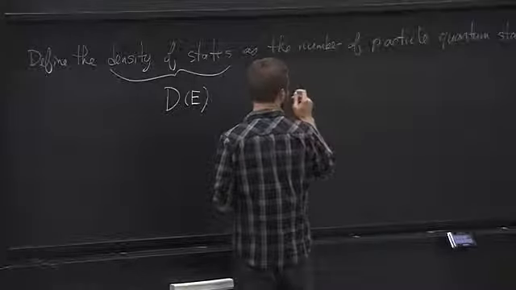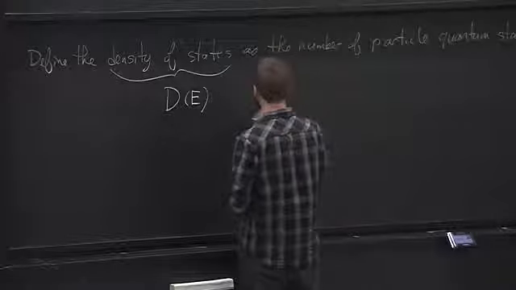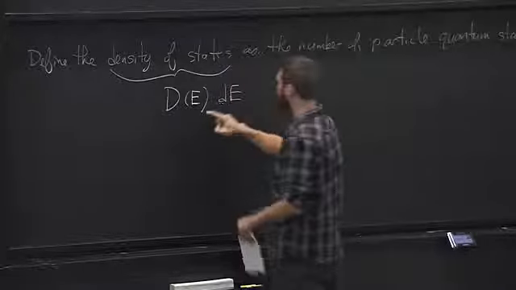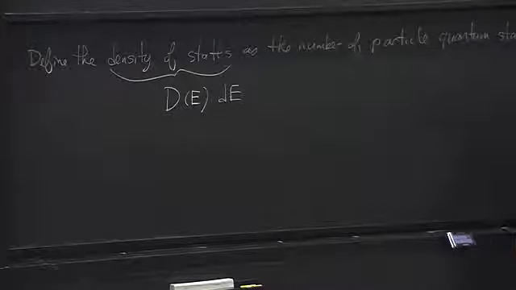If I want the number of particle states in that energy regime, I take the density of states and multiply it by the width of that energy regime.